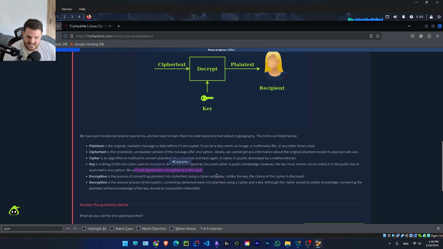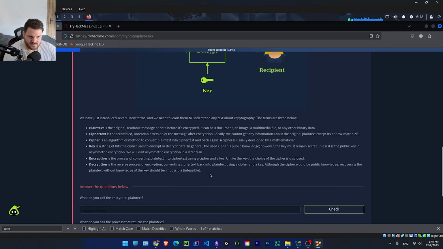We will visit asymmetric encryption in a later task. Basically, if it's symmetric encryption, we have a shared key. If the recipient has that key, they can decrypt the message. With asymmetric, as the sender you have a private key, but the recipient has the public key. You need both of them to decrypt the message.